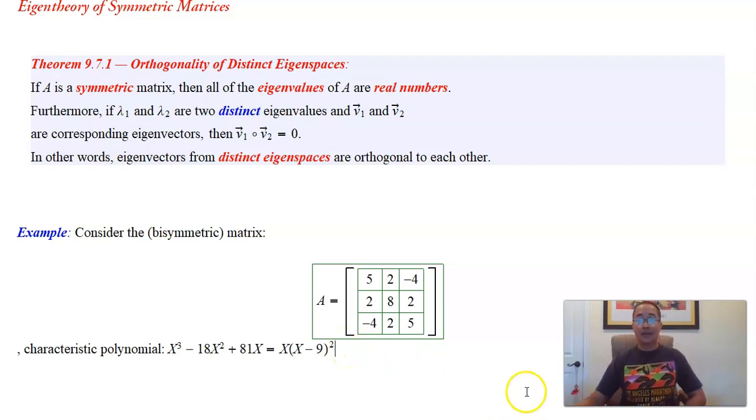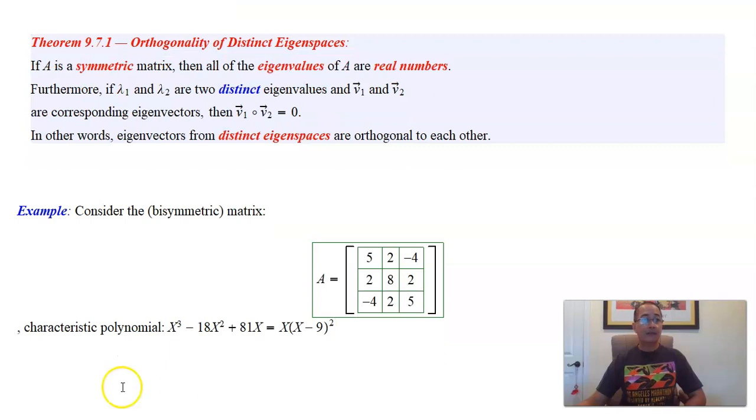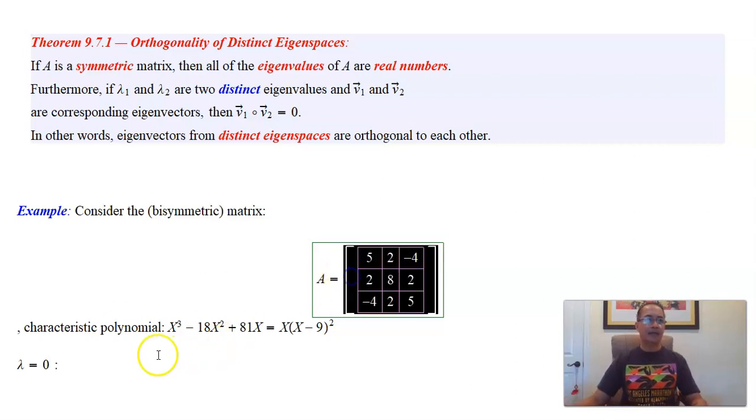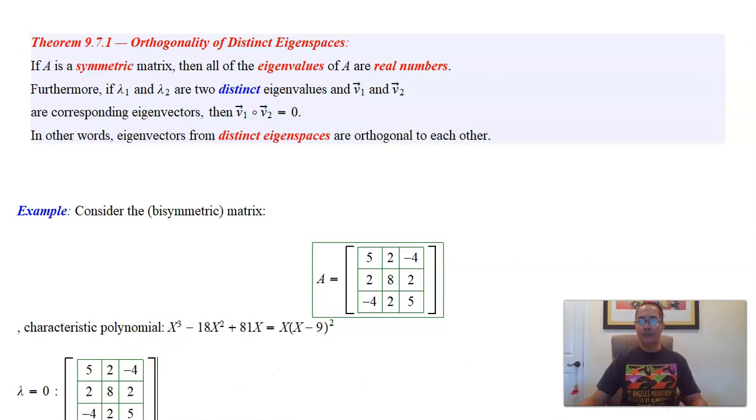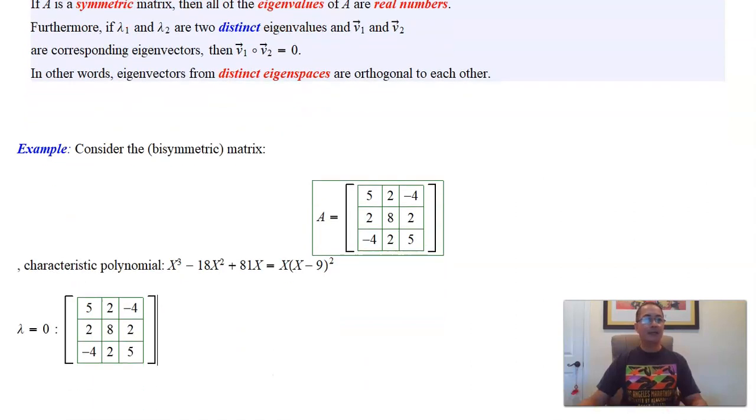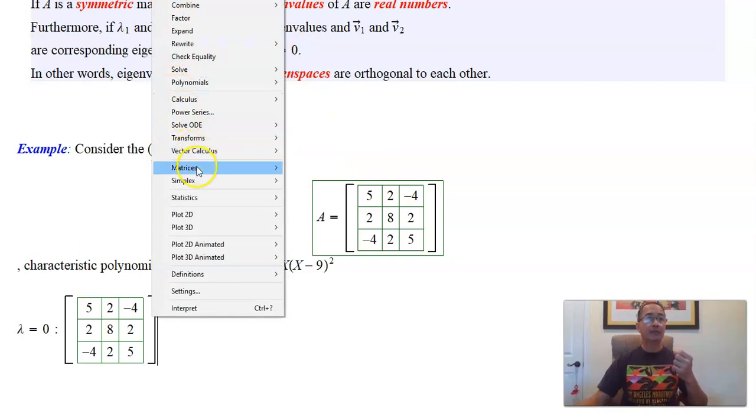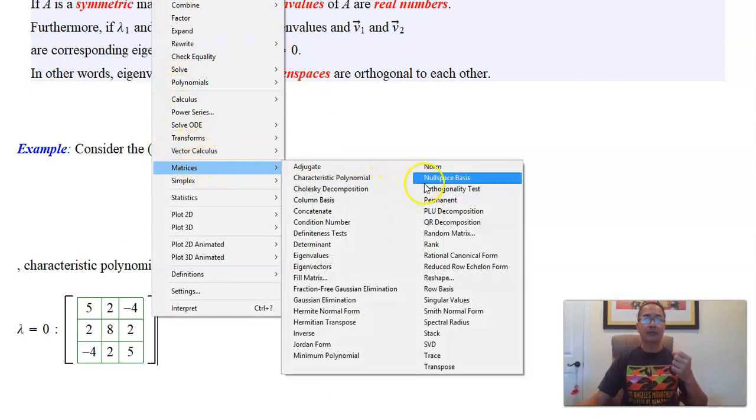So let's talk about the eigenvectors. Right? So for lambda equals 0, so what's the idea again? From A, we subtract lambda times the identity, but lambda is 0, so it's just A, and we look for the null space. Compute matrices, null space.